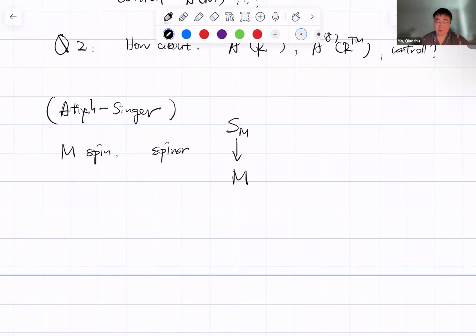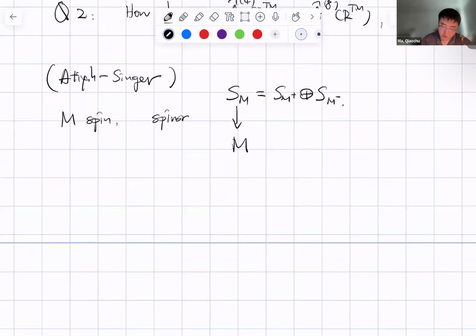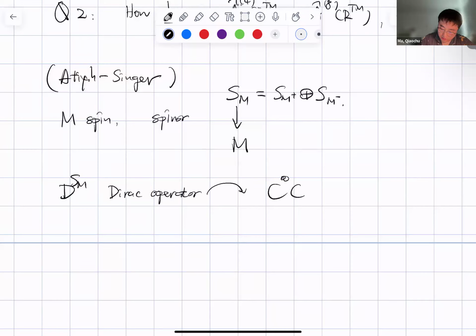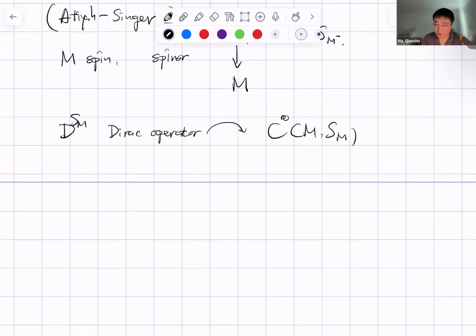This vector bundle decomposes into two parts, the positive part and the negative part. It has parity. Using this data, we can also construct a Dirac operator acting on the sections of the spinor bundle, and this Dirac operator changes parity.